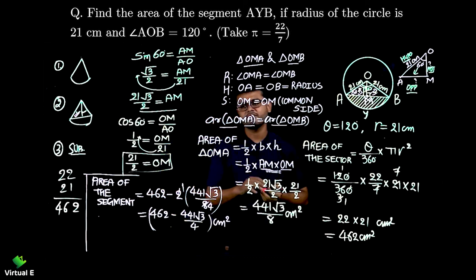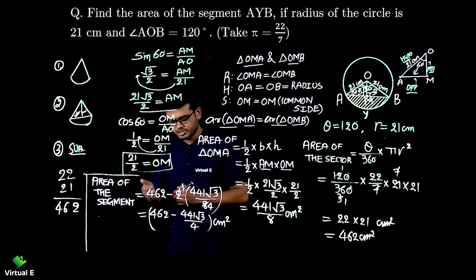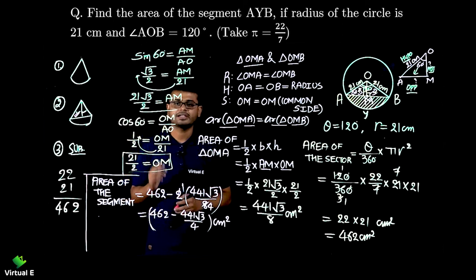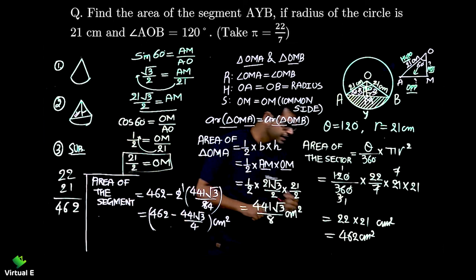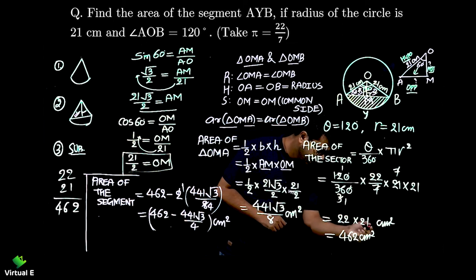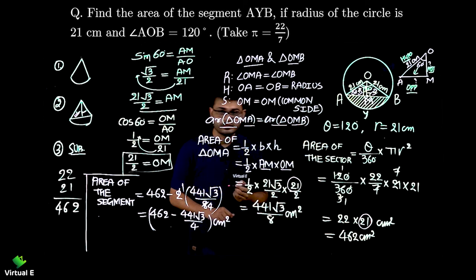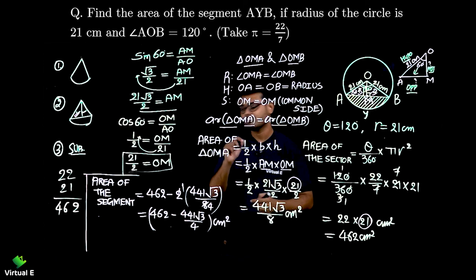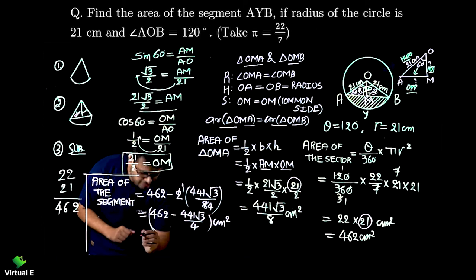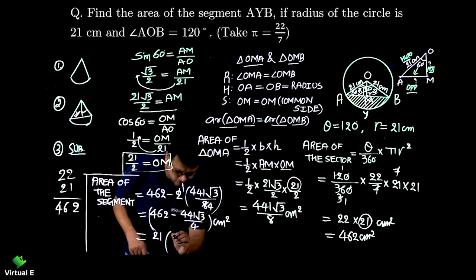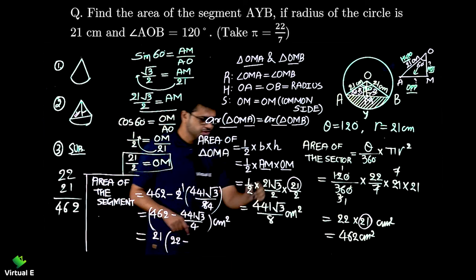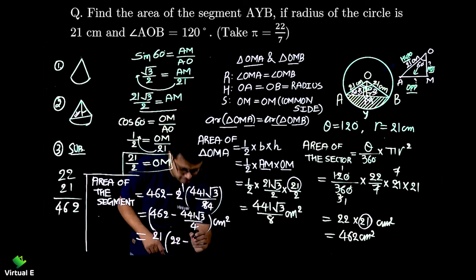Now there is one more step you can do over here, which is taking the common factor out. How can you identify the common factor? Here I kept 21 as it is, and here as well, see, 21 is a factor. So if I take 21 common out of both of them, then from 462, what's left? 22 minus, here 21 will be left, minus 21 over 4 centimeter square.